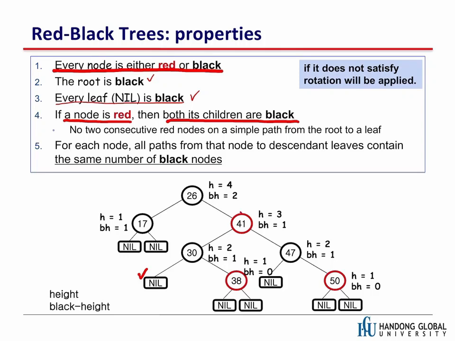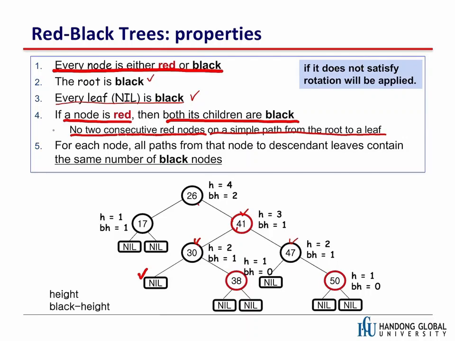In this figure, if this one is red, then both children should be black. In other words, there are no 2 consecutive red nodes on a simple path from the root to a leaf. If this one is red, then this one should be black, and if this one is red, then this one should be black.